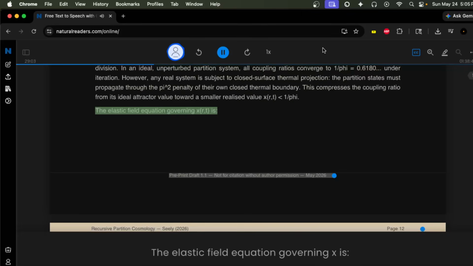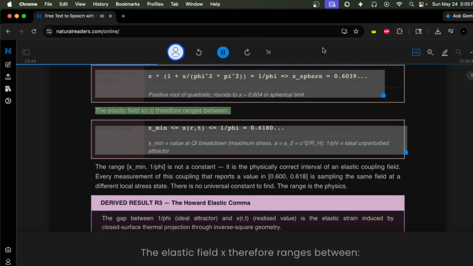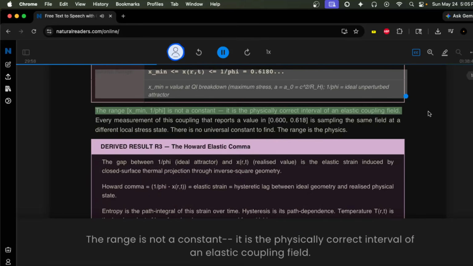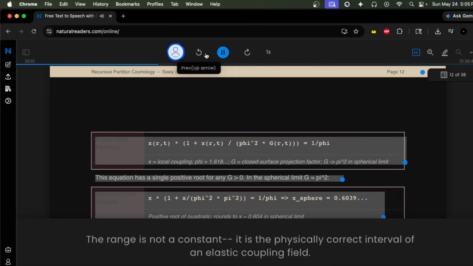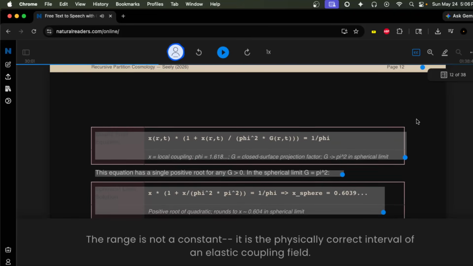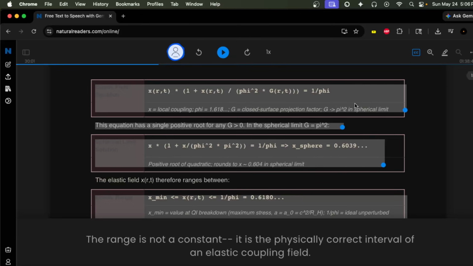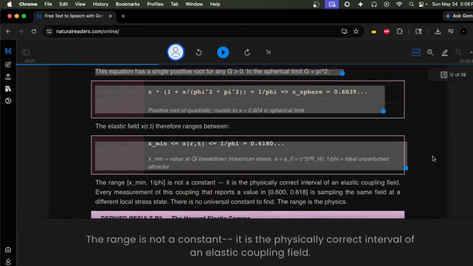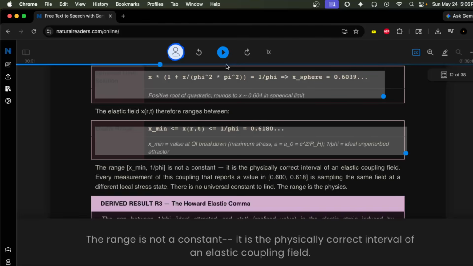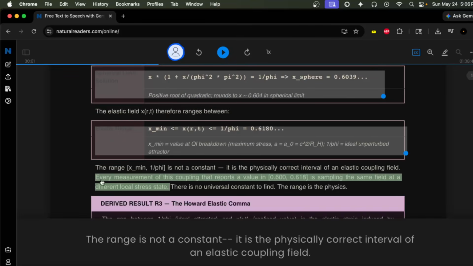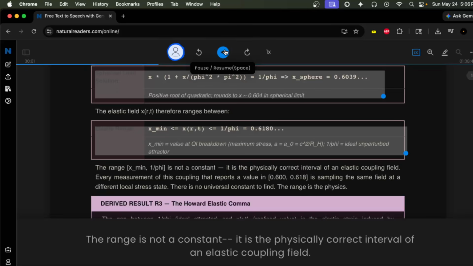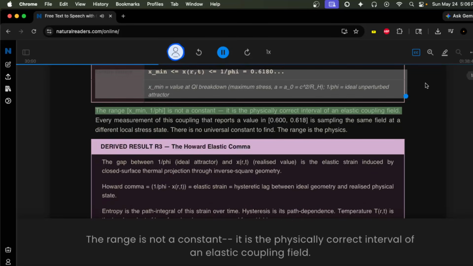The elastic field equation governing x is. The elastic field x therefore ranges between. The range is not a constant, it is the physically correct interval of an elastic coupling field.